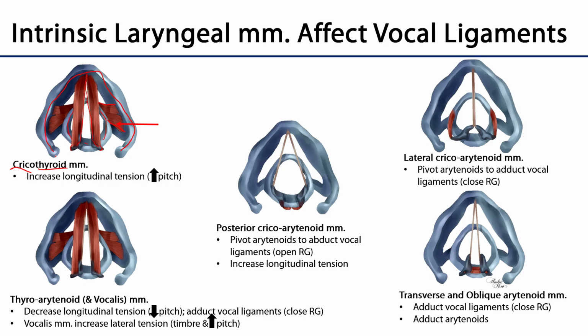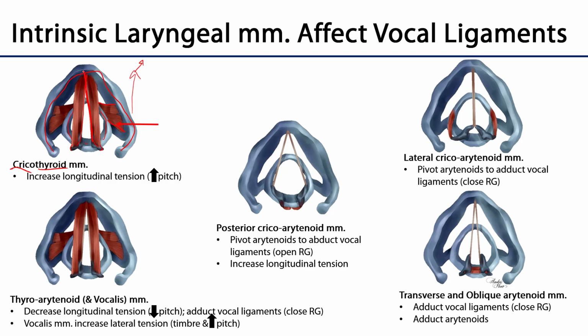Recall, that joint is between the inferior horns of the thyroid cartilage and the cricoid cartilage. And what happens is the thyroid cartilage tips anteriorly and inferiorly. When that tips anteriorly and inferiorly, these vocal ligaments get stretched out. By stretching out the vocal ligaments, that increases their longitudinal tension, and that elevates pitch.